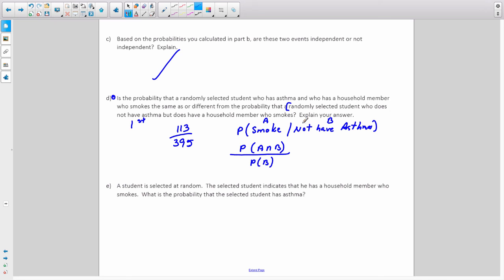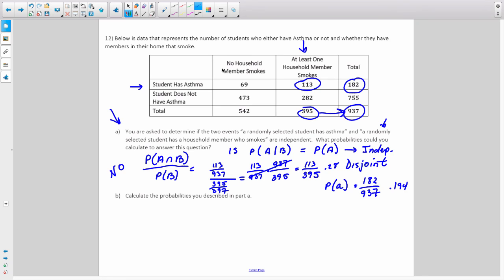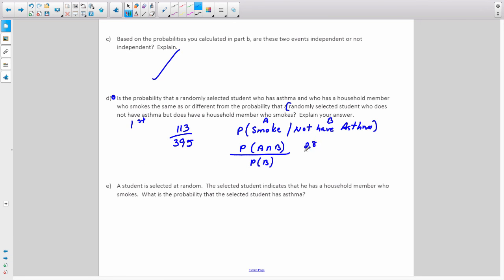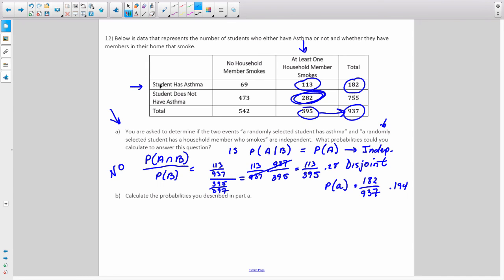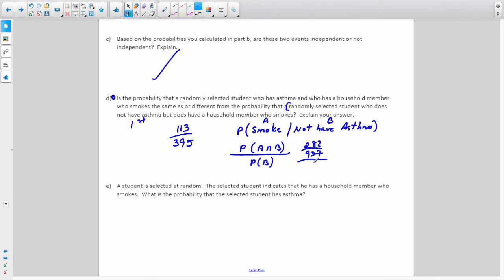So let's go back and look for smoke, no asthma, and then let's look for no asthma. So this is smoking, no asthma, 282 out of 937. Cool. Now, probability of not having asthma, 755 out of 937.